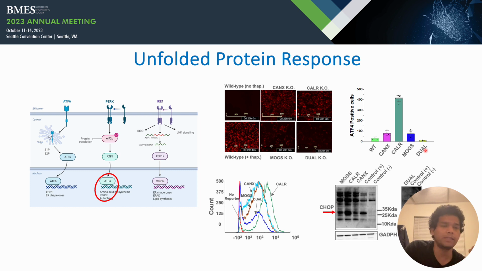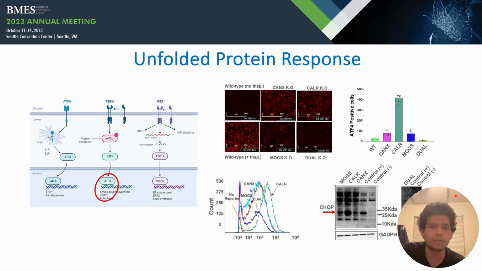Thereafter, we also check one of the signature proteins that is produced during the ER stress, that is the CHOP protein, and we can see the results are in line with our fluorescence observations. That is, the Calreticulin knockout has the highest CHOP production, and the MOGS and Calnexin knockout CHOP production is almost comparable.